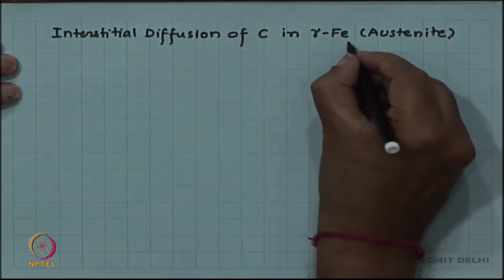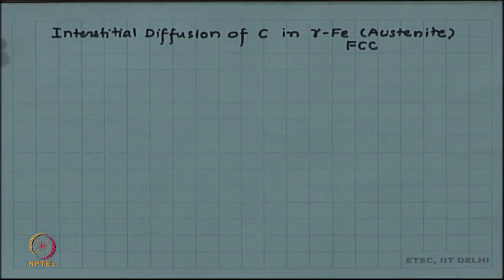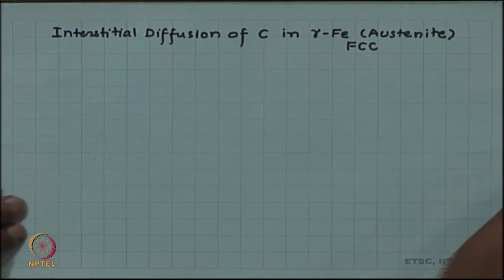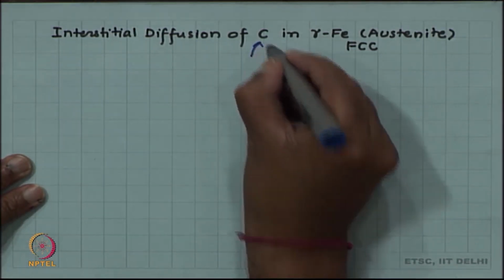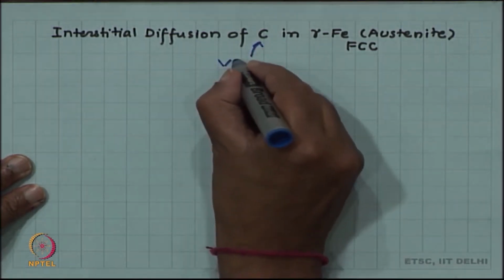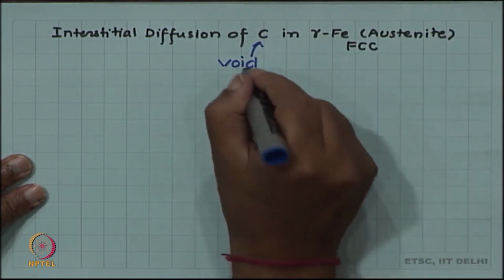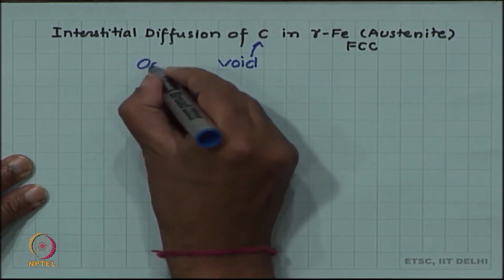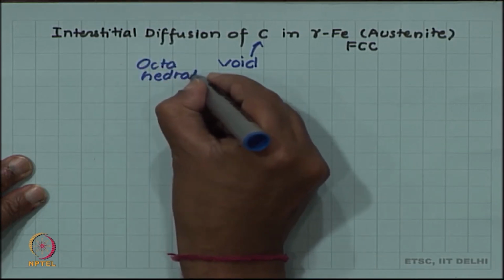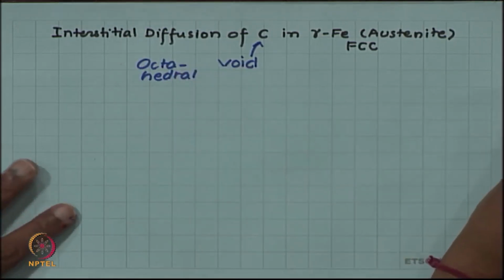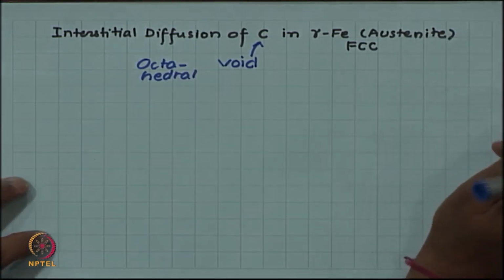Gamma iron, if you recall, is the FCC, face centered cubic phase. So, if we have carbon, when we were discussing the voids, we probably discussed this also, that carbon goes into the void, and the void it chooses is the octahedral void. So, carbon goes into the octahedral void of FCC iron.